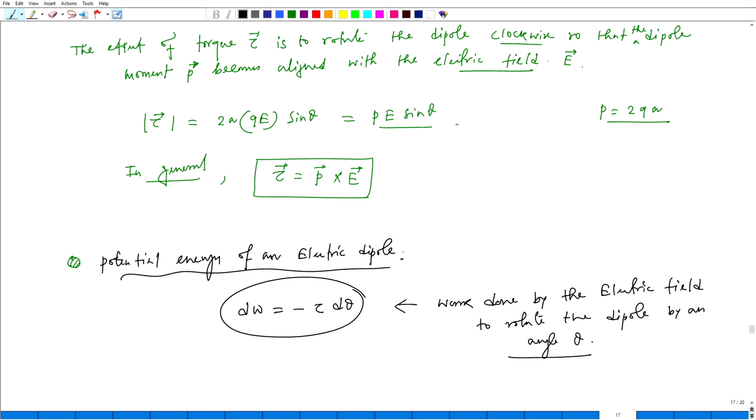Theta increases if we move the dipole away from the electric field vector. So, the negative sign indicates that the torque opposes any increase in theta.